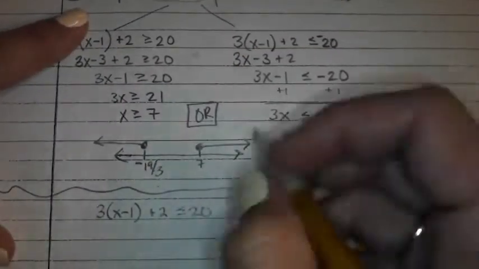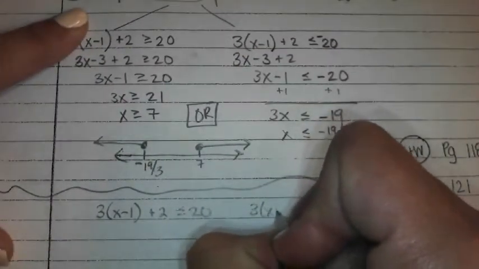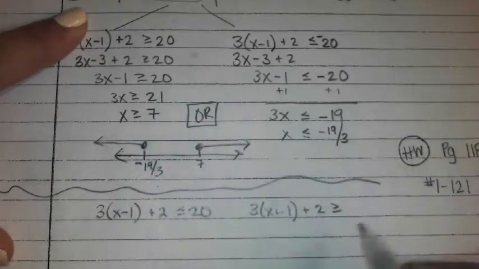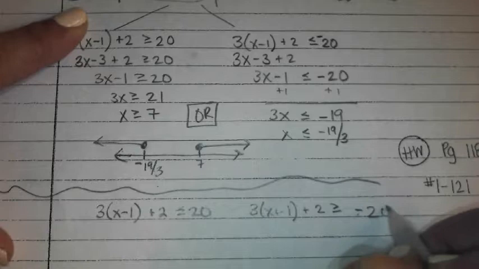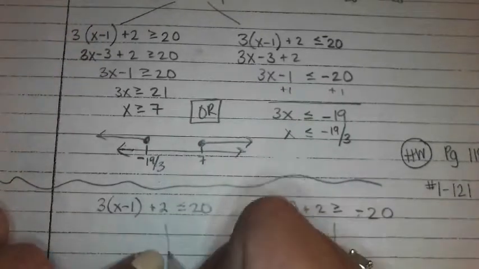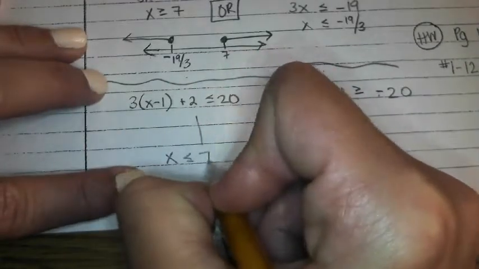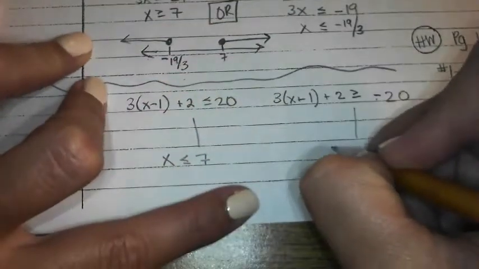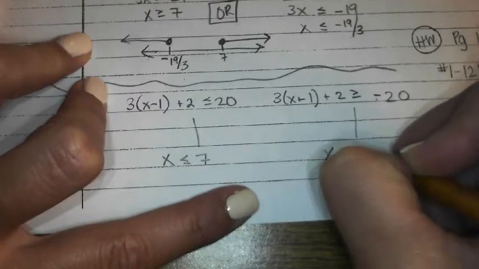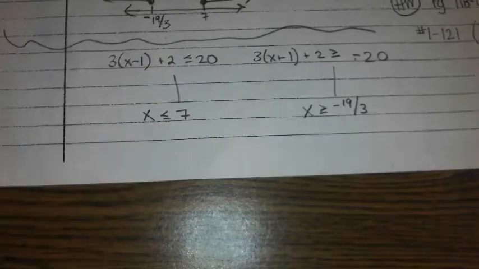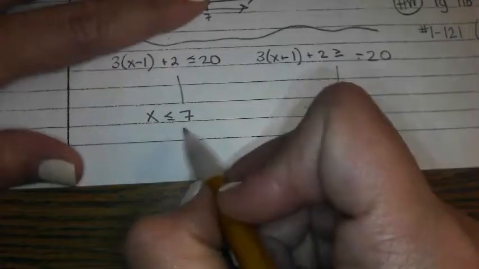And on the second one, I could have switched the direction of the inequality and the symbol, and this would have provided me with really the same two answers, but just different signs. So x is less than or equal to 7, and this is what we got on the front side. These are the answers we got, except ours was presented as a compound inequality.